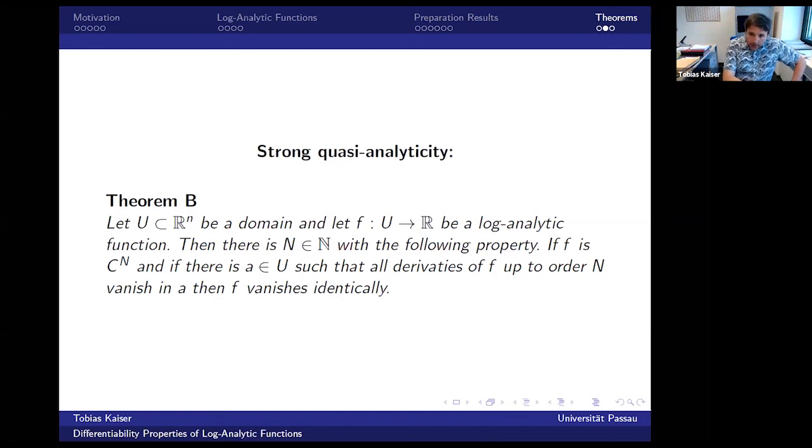So N-flatness implies 0. And that's strong quasi-analyticity. Quasi-analyticity means flatness implies being 0. Here, even N-flatness implies being 0.